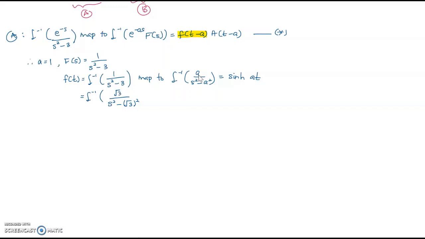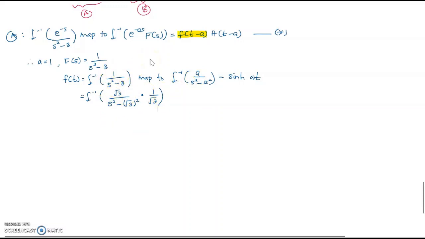But we already changed the expression. Originally it is 1, so in order to get back the 1, we need to multiply by 1 over square root of 3. Then we have the equivalent form.